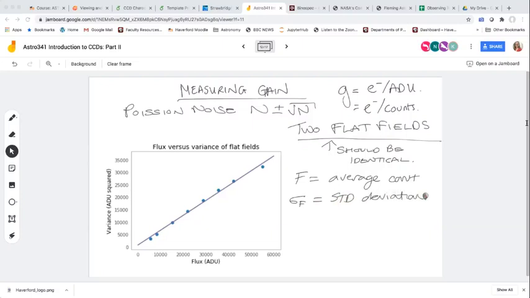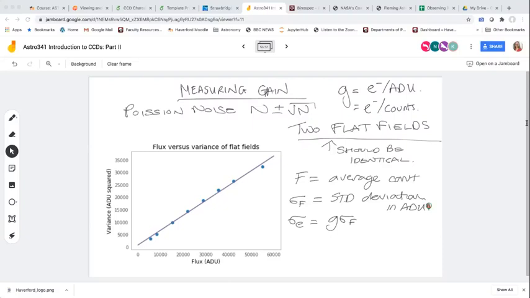The electron noise, what shall I write that as? So let's say sigma E. Electron noise is then just the gain times that measurement that we've made. We've measured the noise in ADU units, so in electron units it is just the gain times that noise.